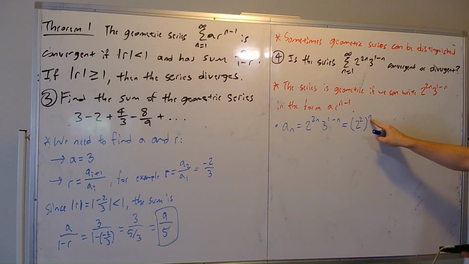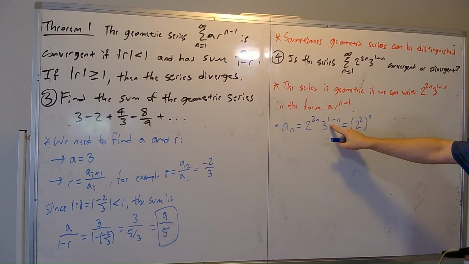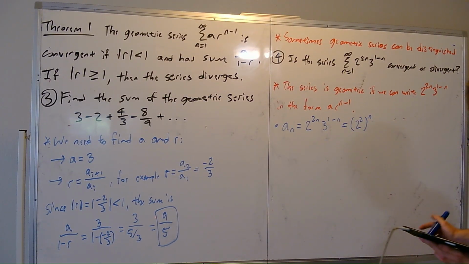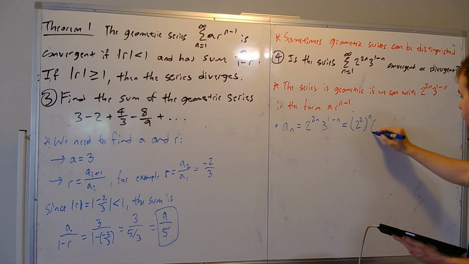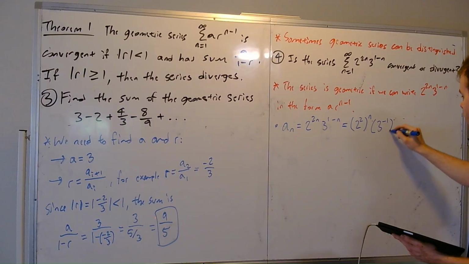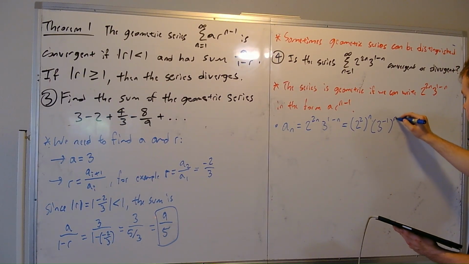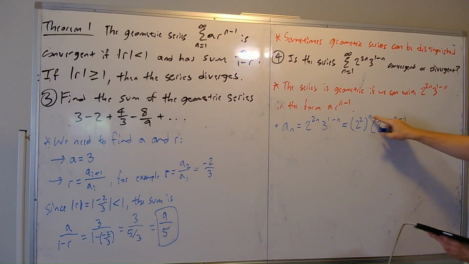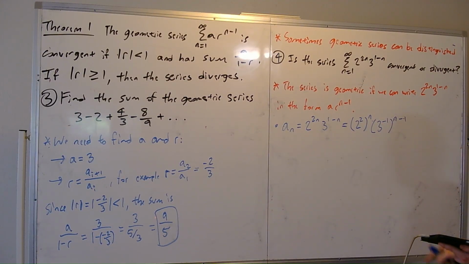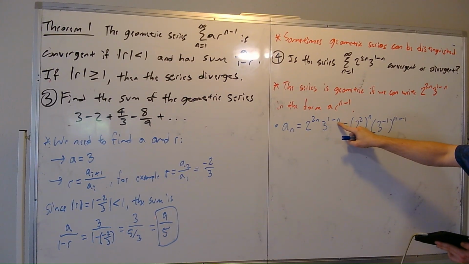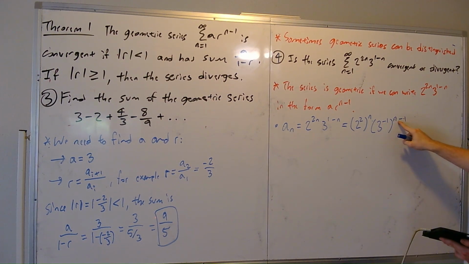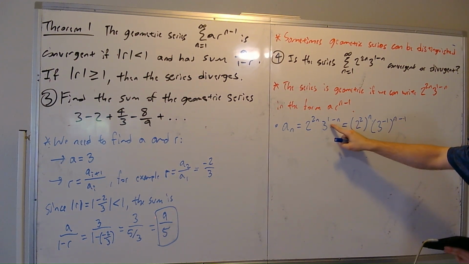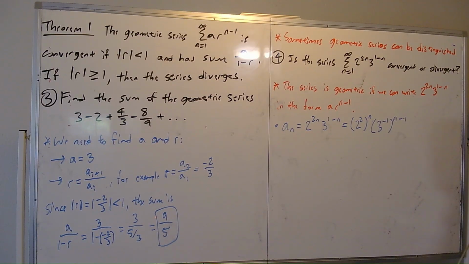So I can just separate it, and now this n looks much closer to this 1 minus n. So we can rewrite this next part as 3 to the negative 1 to the power of n minus 1. Right, so I wanted to get this n minus 1, and the way I'm doing it is by first multiplying this by negative 1 and bringing it here. Because now if you multiply these two numbers, you get back to the power that you started with. So I'm just cleverly rearranging things a little bit.